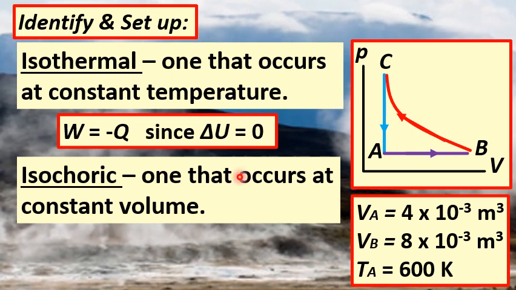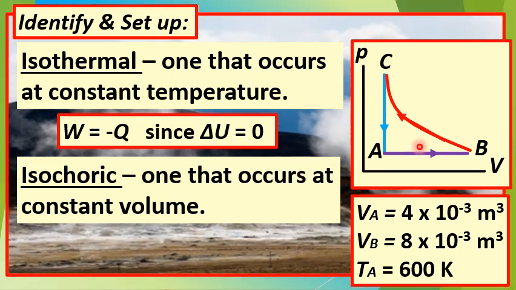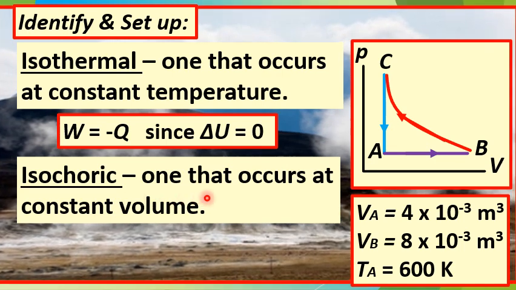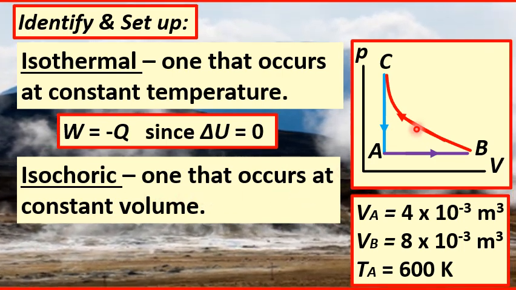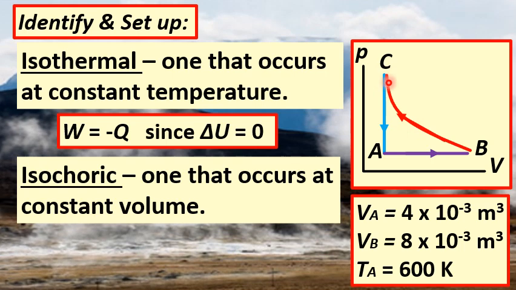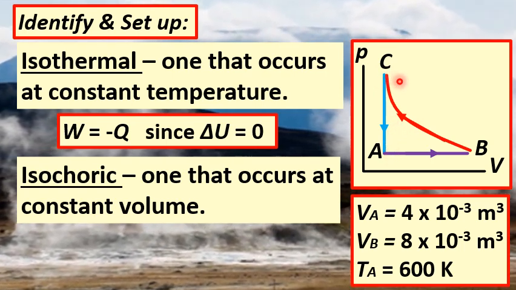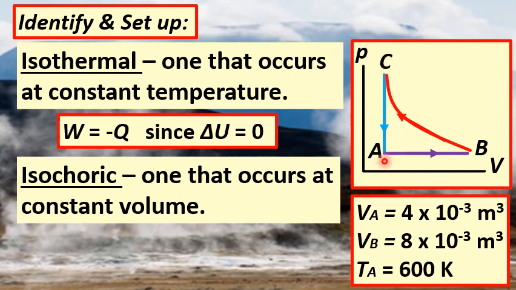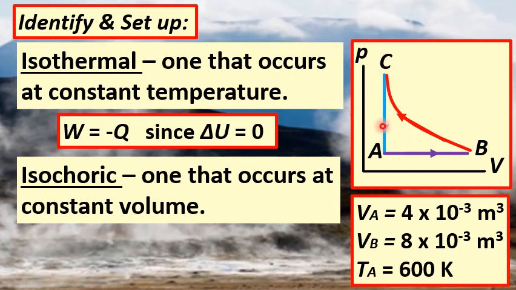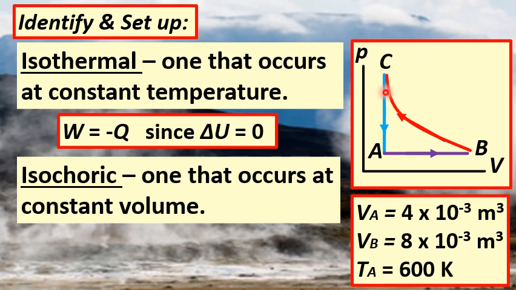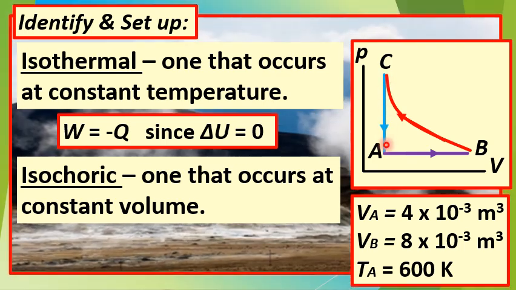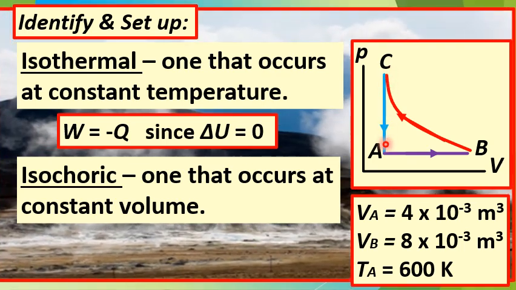And in the graph, the isochoric process occurs as the gas proceeds from state C to state A, and is represented by this thermodynamic path, CA.